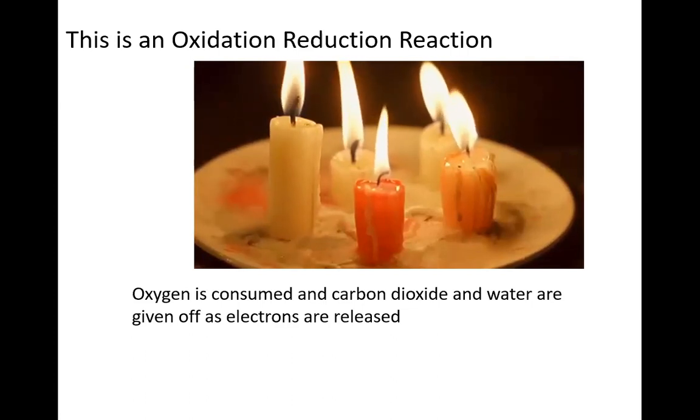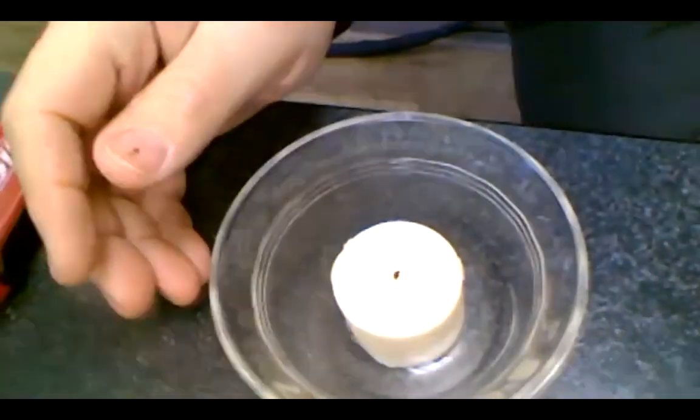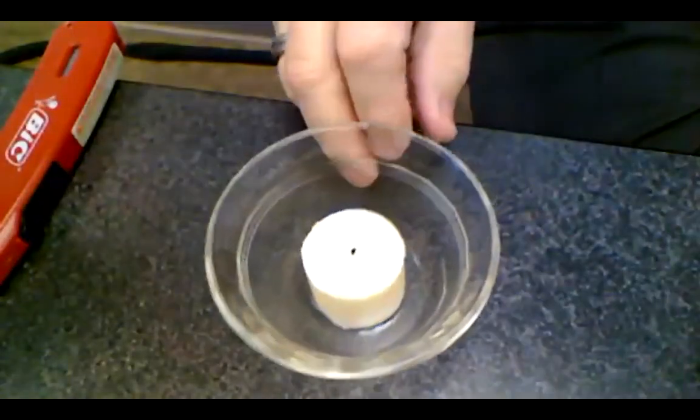Now I want to show you a little demonstration here. Hopefully this will work. I can show you the release of electrons. Let's do the camera here. We spared no expense on this demonstration. But here we have, let me set this up a little higher, a candle.